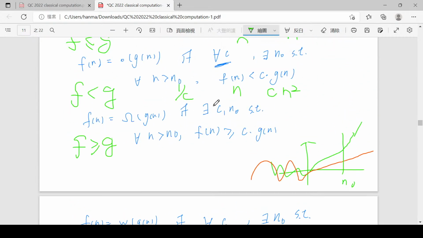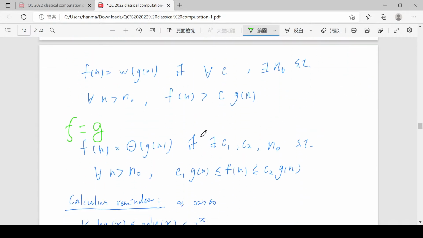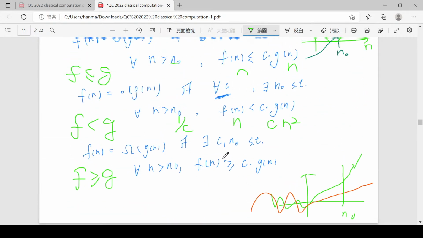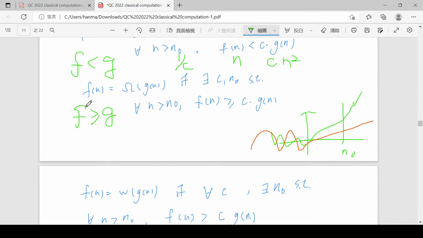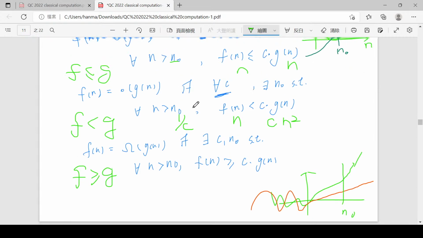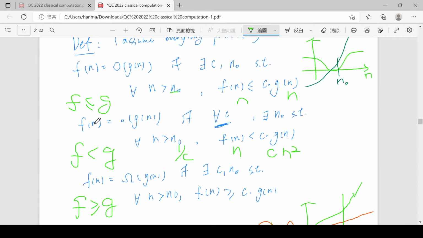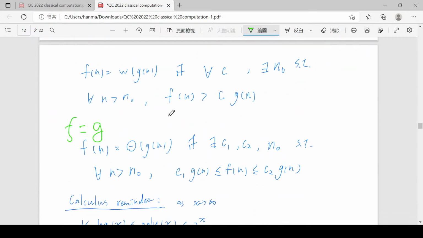And you can also see that, I think that's also your homework, where F is big theta of G if and only if it's both F being big O of G and F being big omega of G. Intuitively, that's just F is less than or equal to G and also greater than or equal to G, and that's just F equal to G. Okay.